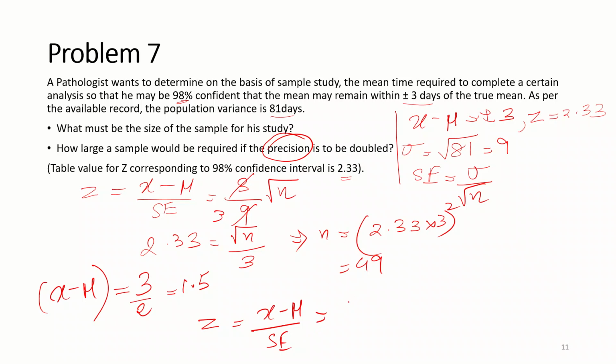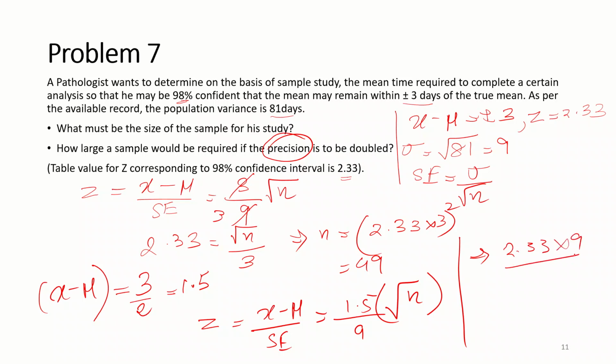Somebody told, n equal to what it was coming, n equals 40.86. So it will be 2.33 into 9 by 1.5, whole square, equal to n.